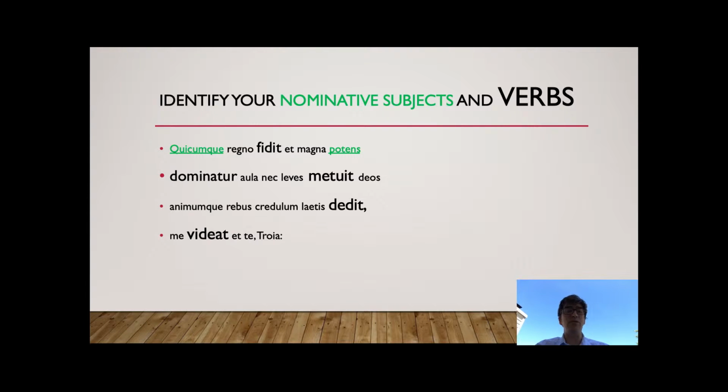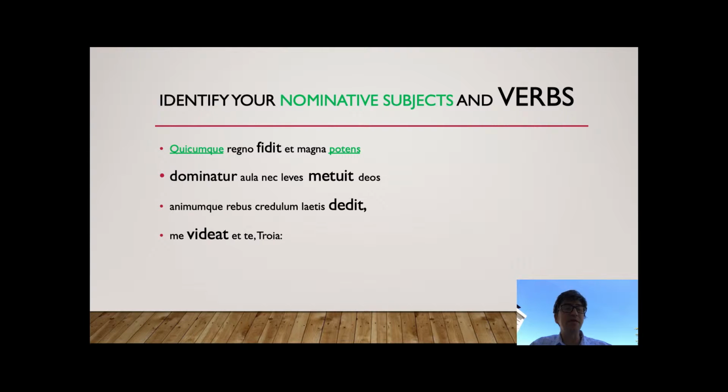If you notice as your eyes drift down this page, every one of these verbs is third person singular. You have that very distinctive T, right? Fidit, trusts. Dominator, a passive ending for a deponent verb. Lords it over. Metuit, present tense of metuo, metuere, fears. Dedit, the perfect tense of do, dare, dedi, datum, has given.